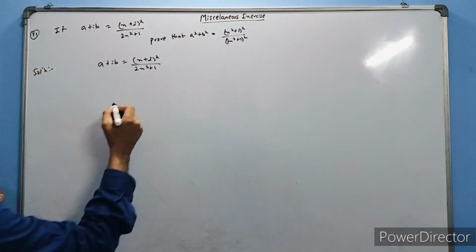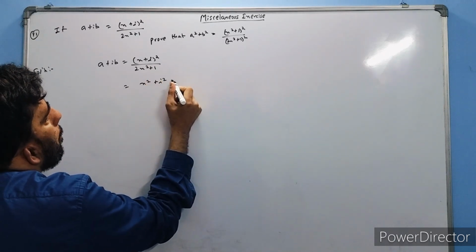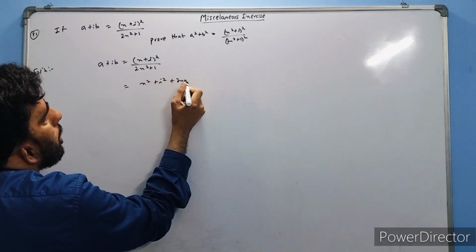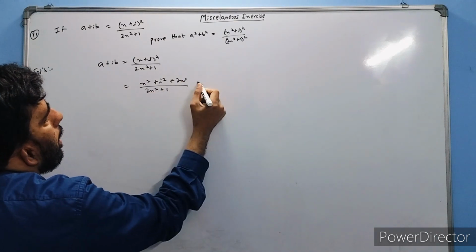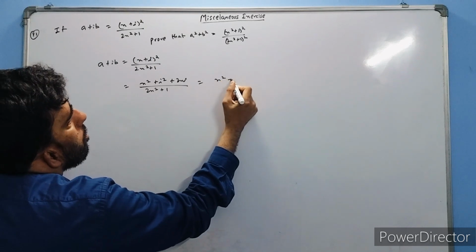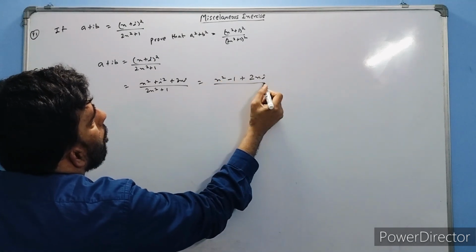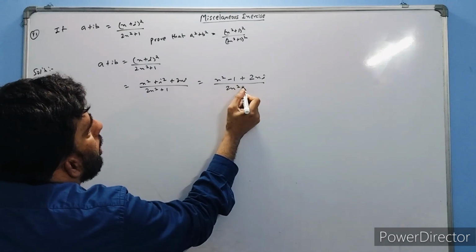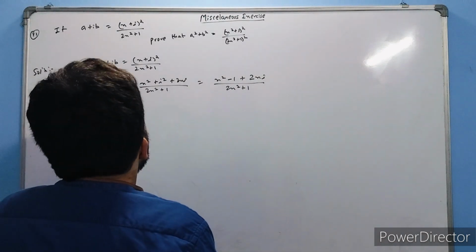What we can do here? If I open this, (x square plus i square plus 2xi) upon 2x square plus 1. So we'll have x square, i square we know is minus 1, plus 2xi upon 2x square plus 1. Okay, so now I have this.